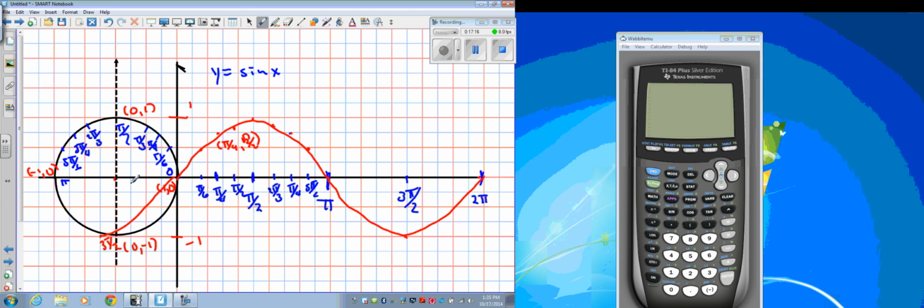Now back here, at x is negative pi over 4, this point right here is going to be negative pi over 4, negative square root of 2 over 2. Every point on this side that's on the graph, if you simply change the signs, that point will lay on the graph back here. And it's symmetric to the origin. It doesn't make any difference where you go, any place out here. If you just change pluses to minuses or minuses to pluses for every one of those values, that's called symmetry to the origin.